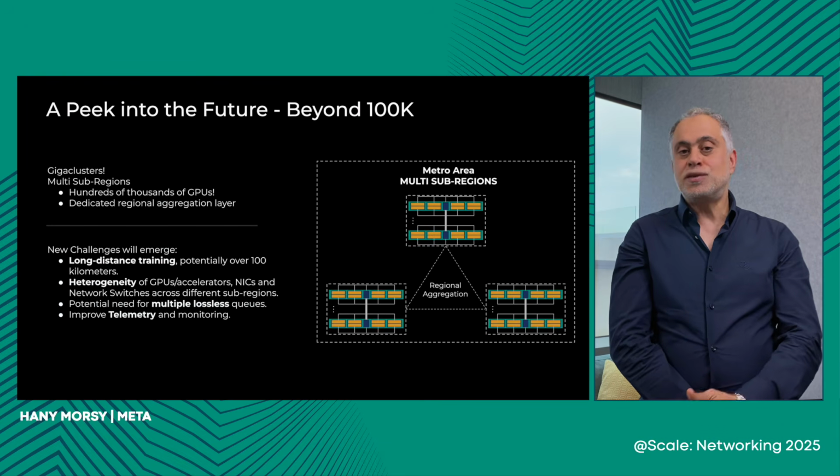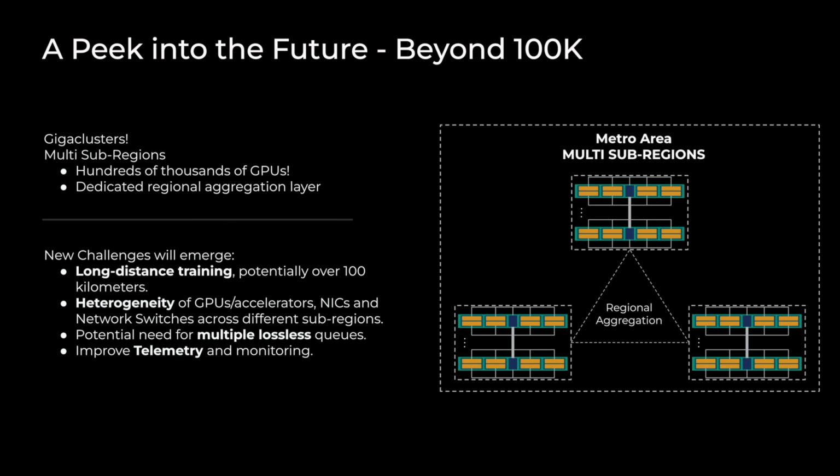Let's take a peek into the future. The future promises even larger networks. We may call them gigaclusters that will span entire metropolitan areas, connecting multiple sub-regions, possibly through a dedicated regional aggregation layer. The GPU or the accelerator scale may become in the hundreds of thousands, may even cross a million.